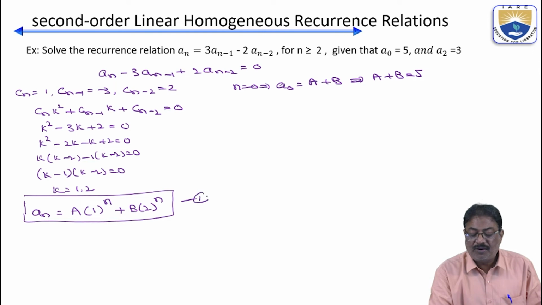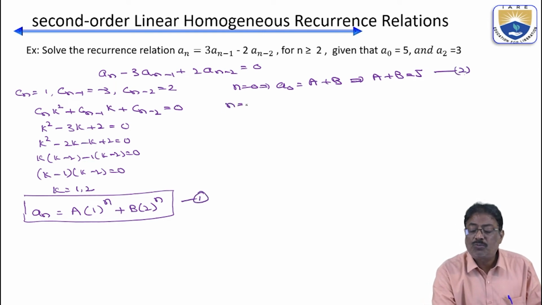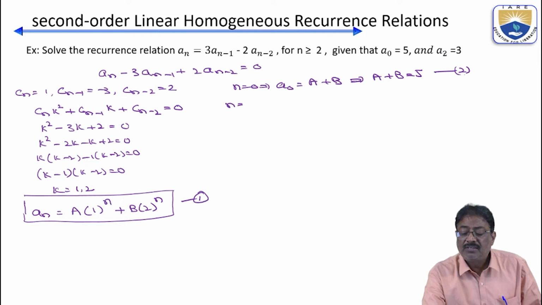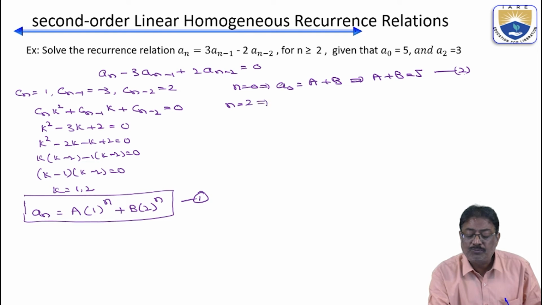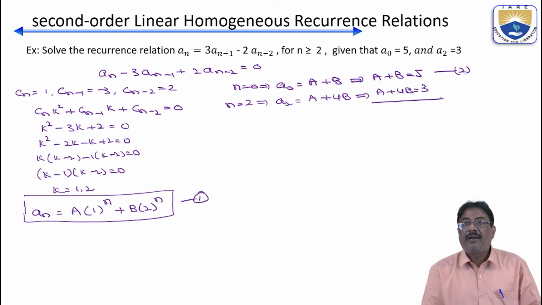Call this as 1 and of course this as 2. Then I am going to take n equals 2. A2 equals a plus 2 to the power of 2 times b, which is 4b, which implies a plus 4b equals A2, which is 3.